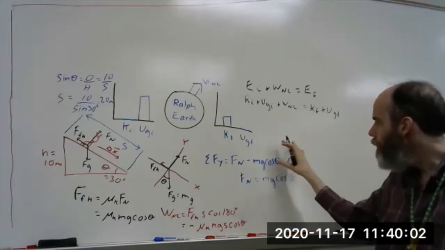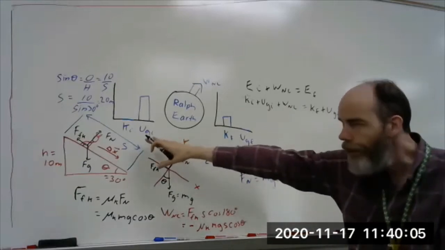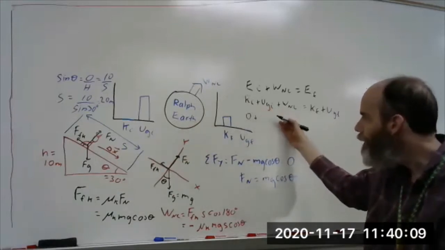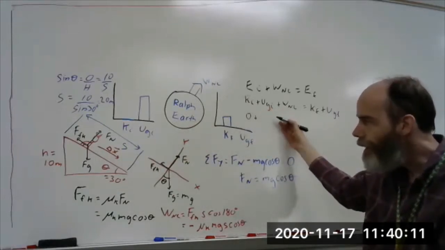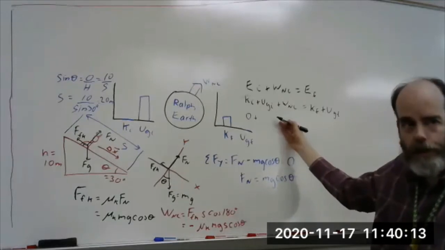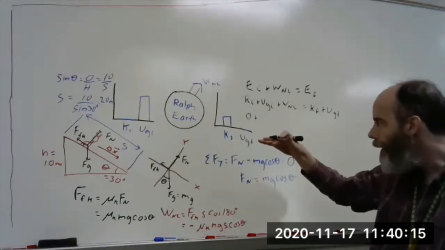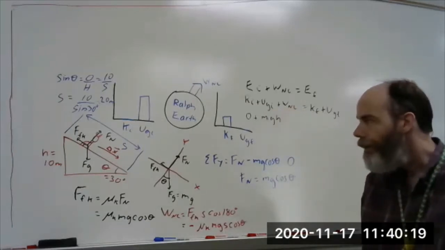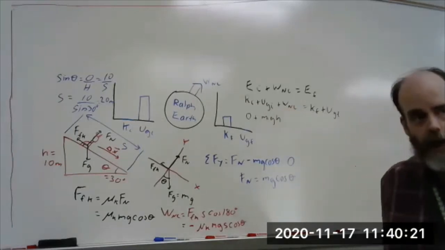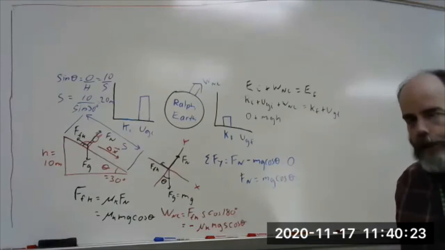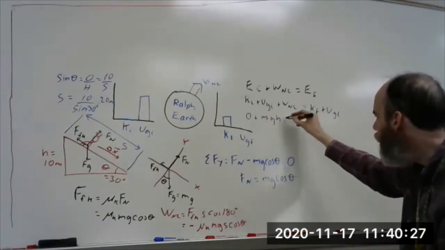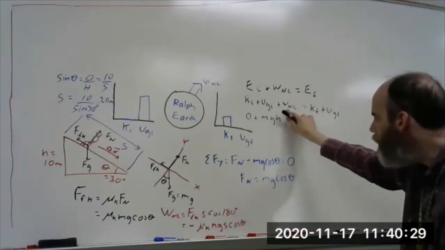So now let's put in what we have for each of these things. K initial is just 0. So 0 plus UG initial is MGH. He's at a height of H, so plus MGH. By the way, the mass of Ralph is M, and we don't even know what M is, so we just call it M. Let's put in work non-conservative.